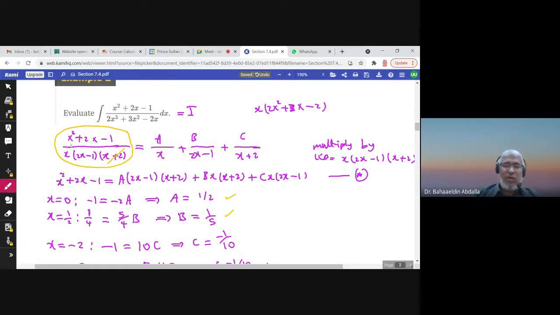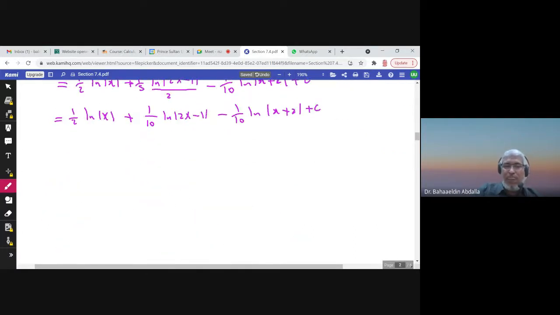So this would be 4 minus 4 minus 1, and here negative 2 times 2, negative 4 minus 1, negative 5 times negative 2, that's 10. So c is negative 1 over 10 immediately. So this is how we find a, b, and c whenever we have distinct linear factors.